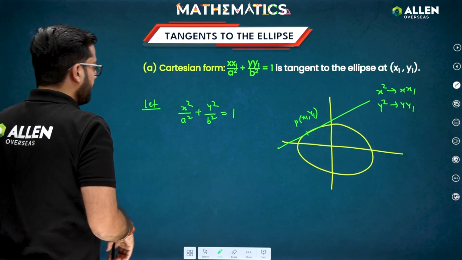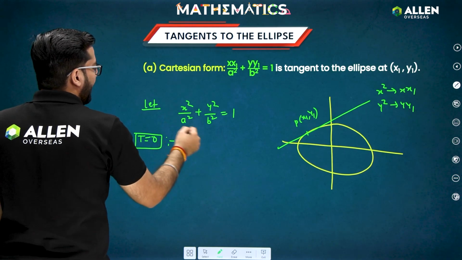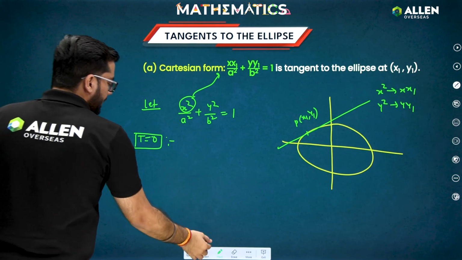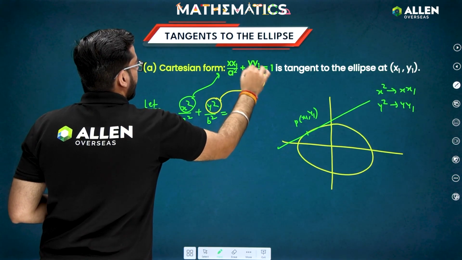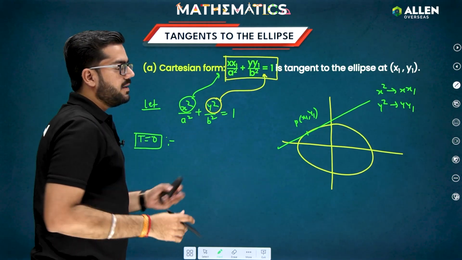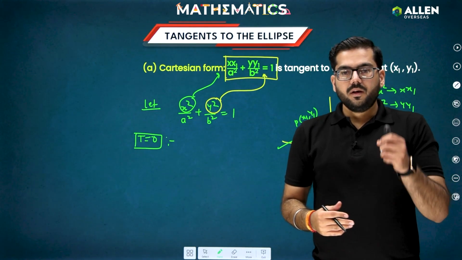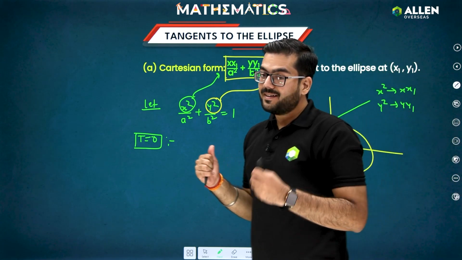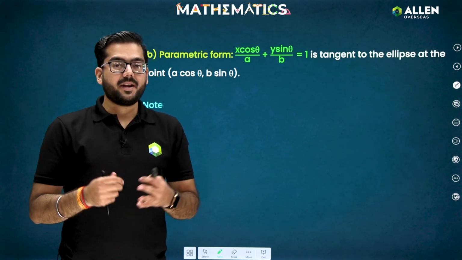So you can do the transformation: x square you can replace with x into x1, similarly y square you can replace with y into y1. Then you will get the equation of tangent in point form or Cartesian form. If you have the point of contact, then you can apply this one. It is quite easy.